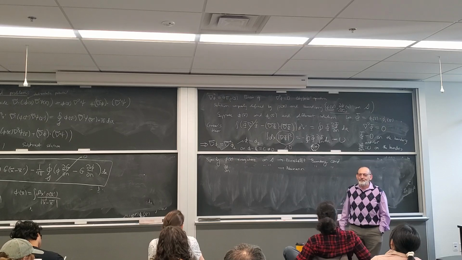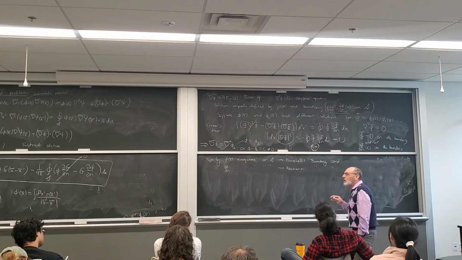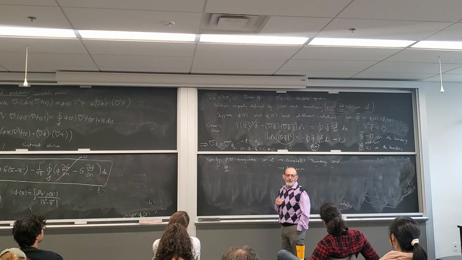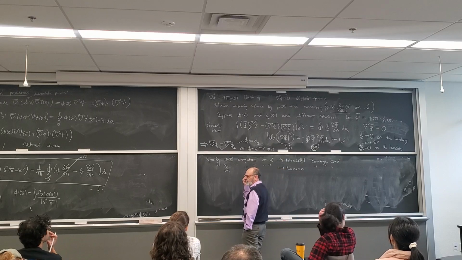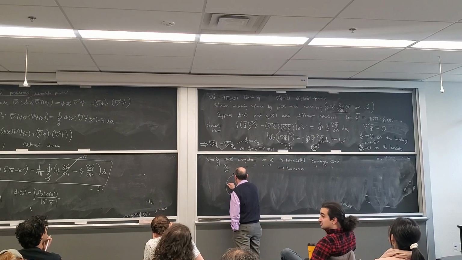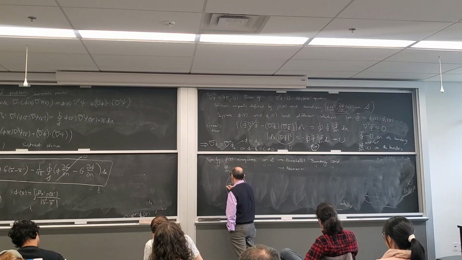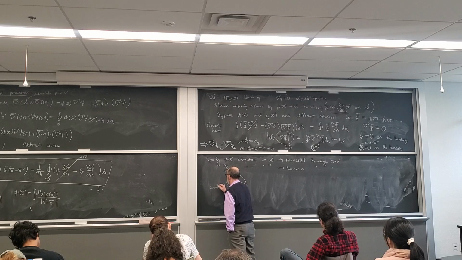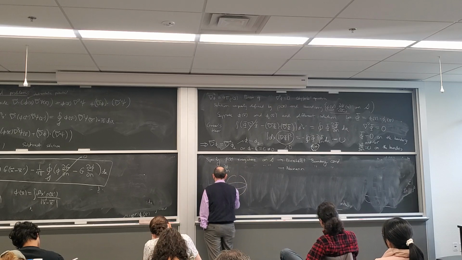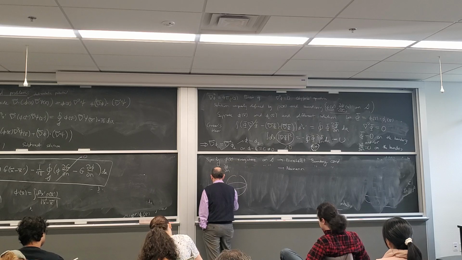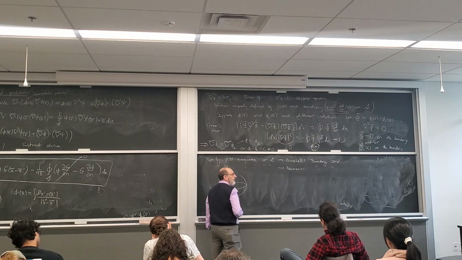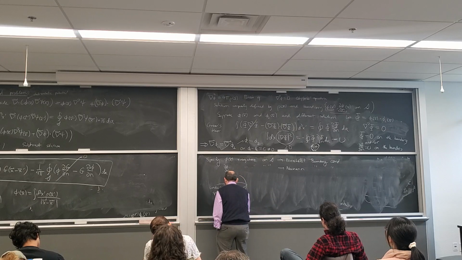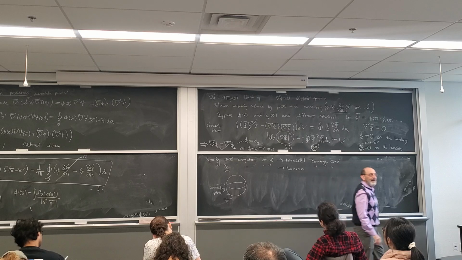Right. So just as an example, here's a kind of classic Jackson problem. We'll talk about something like this next time. I have a conducting sphere. Okay, and let's say that I ground it. You're grounded sphere. All right?